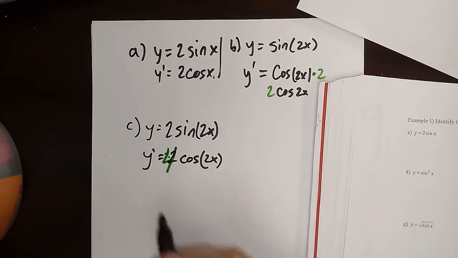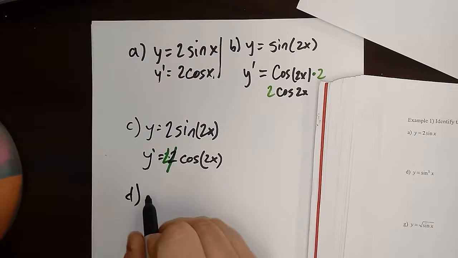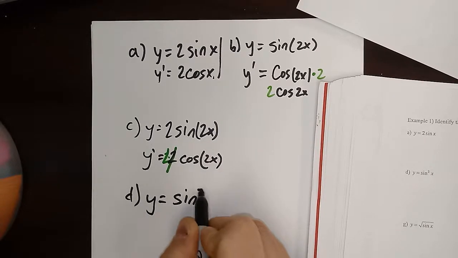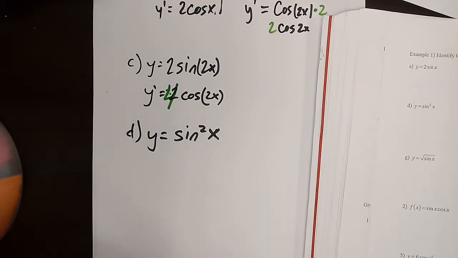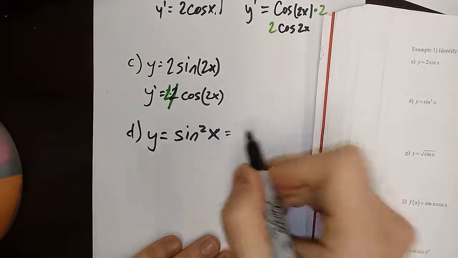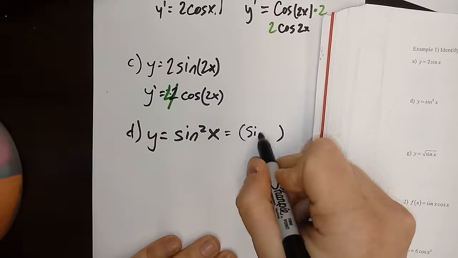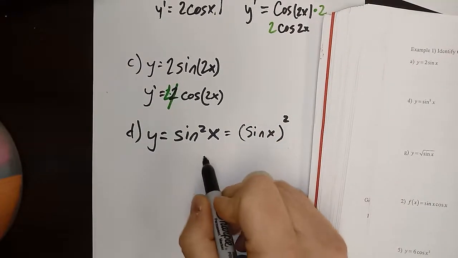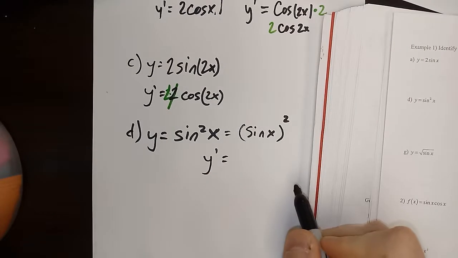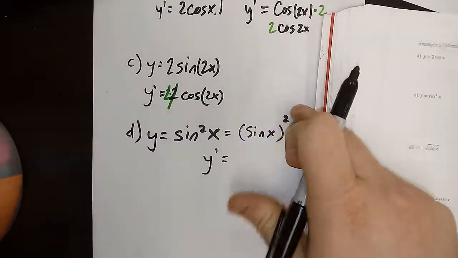So let's see, example D says y is equal to sine squared x. Okay. This might be hard to see, but that's saying that it's sine of x, squared. So if I'm going to appropriately apply the chain rule here, I'm thinking, oh, I have something squared.